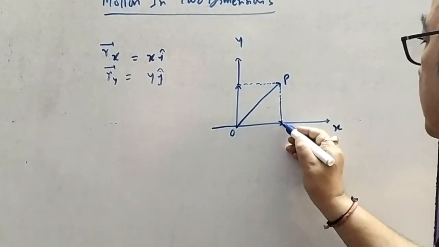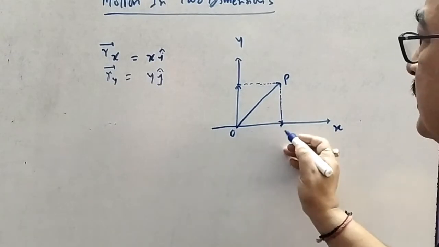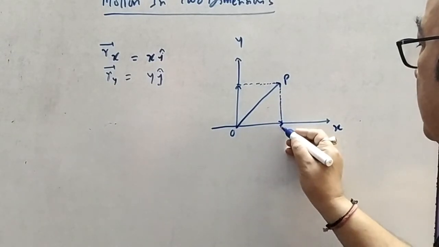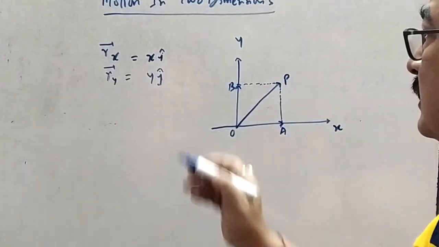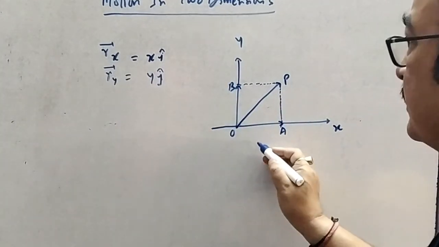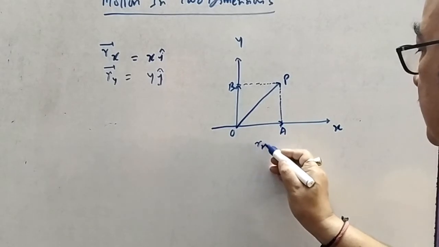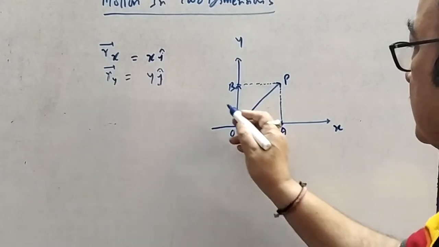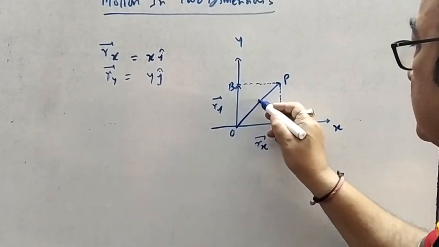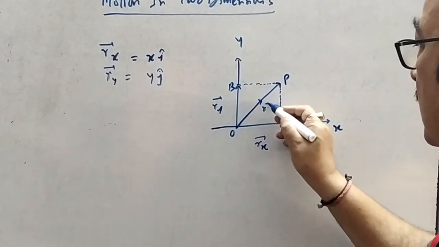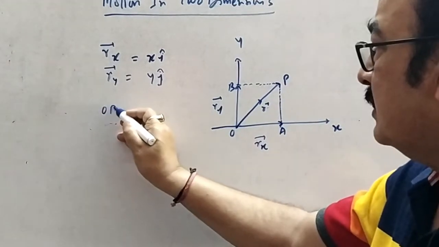here we can observe there are two vectors. One is OA and the other is OB. This OA is your Rx vector, and this is your Ry vector, and this is our resultant vector R, that is the OP vector.